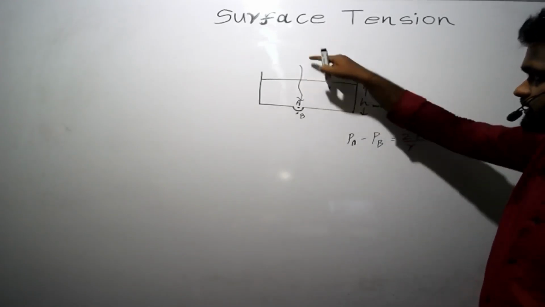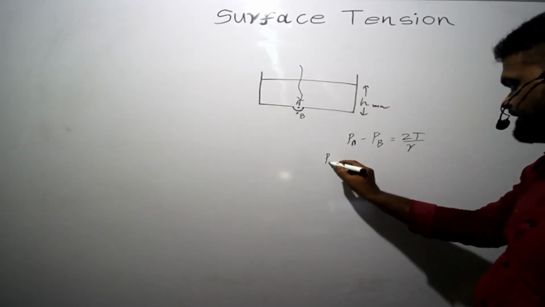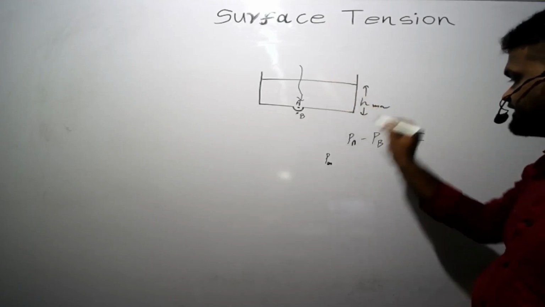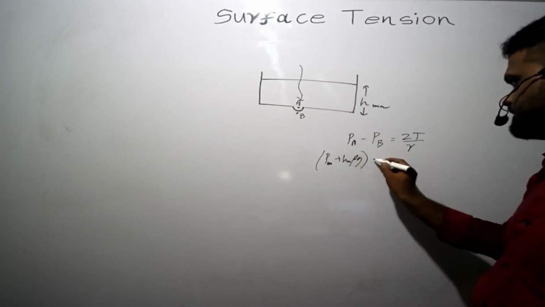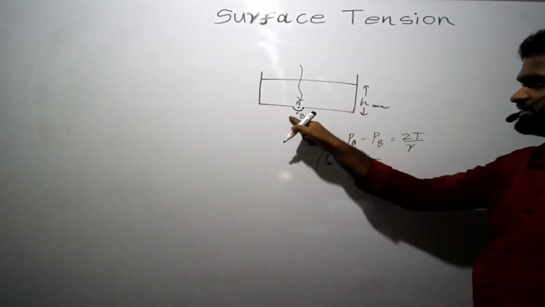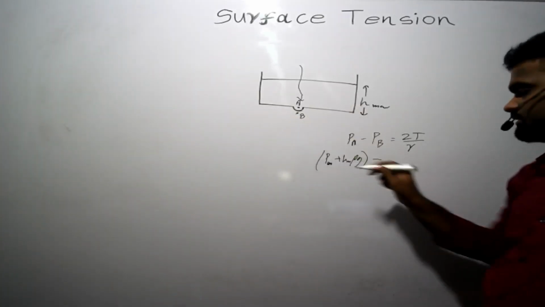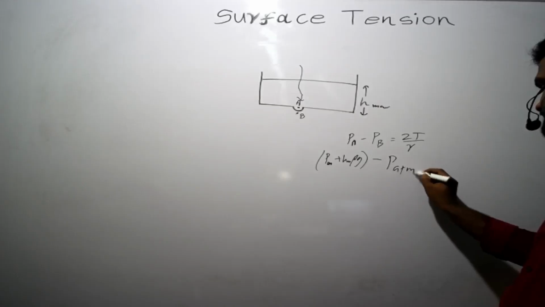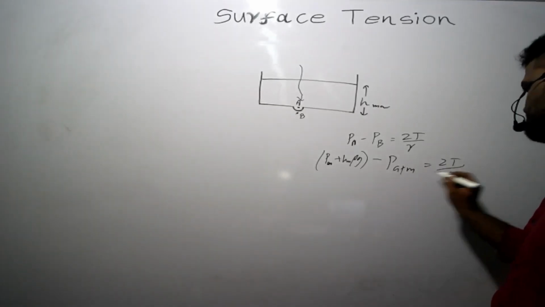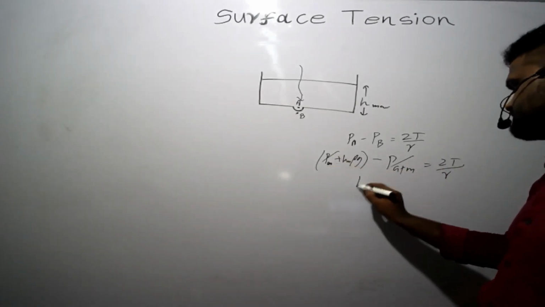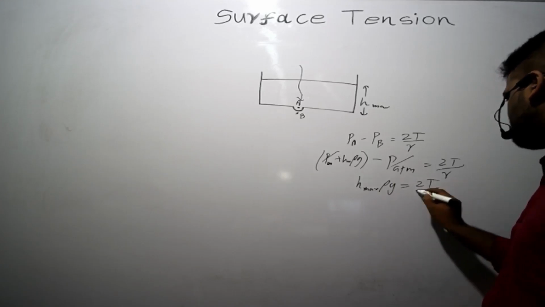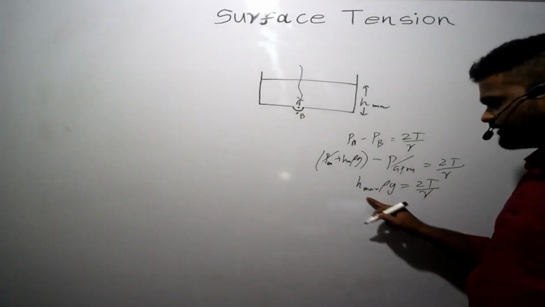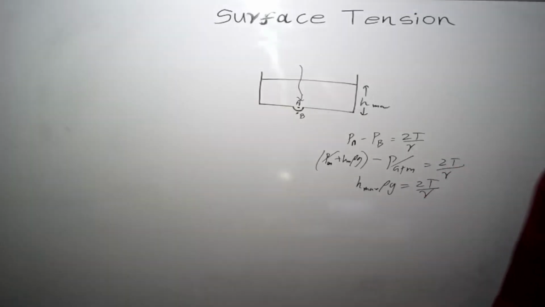Go through the liquid. So that is P atmosphere plus H max rho g. That is PA. Minus PB. It is just air, right? So it is P atm equals 2T divided by r. P atm cancels off. H max rho g equals 2T divided by simple r. Then you have to find H max. Okay, find that.